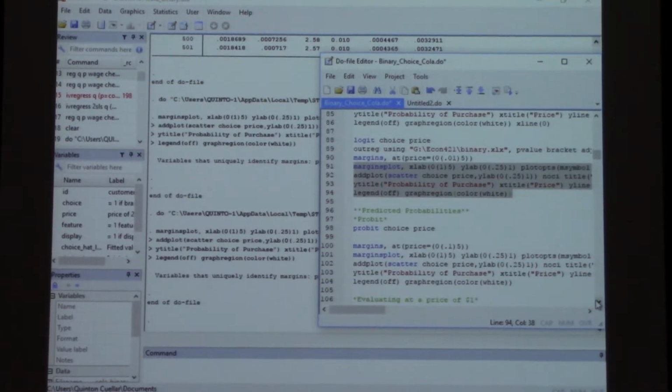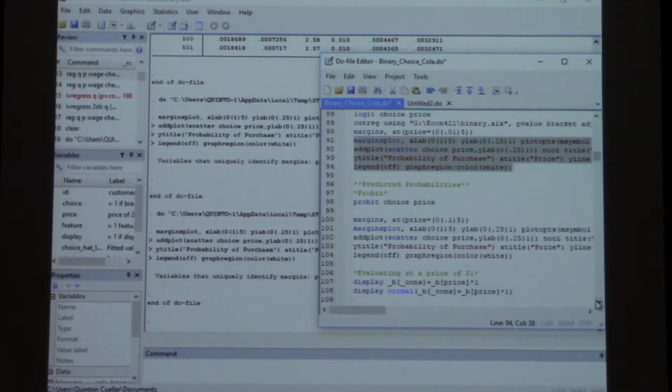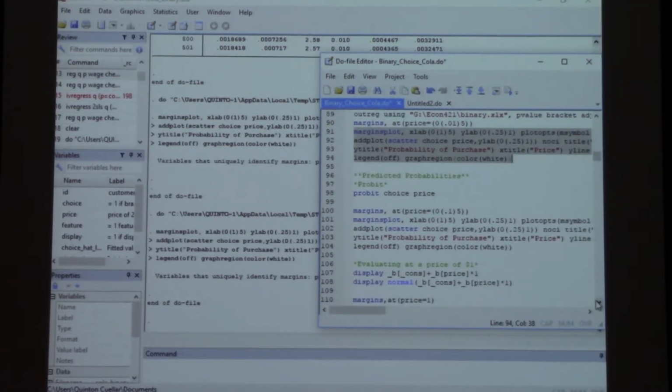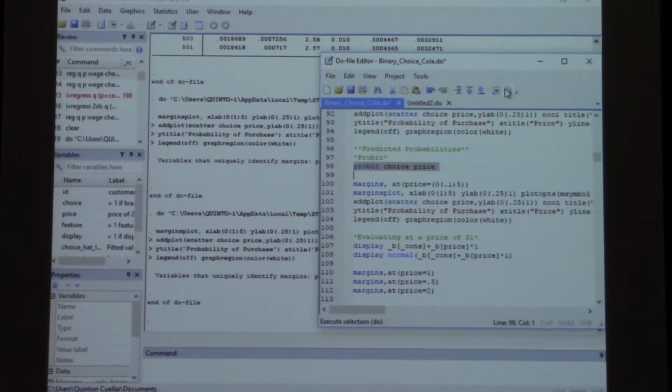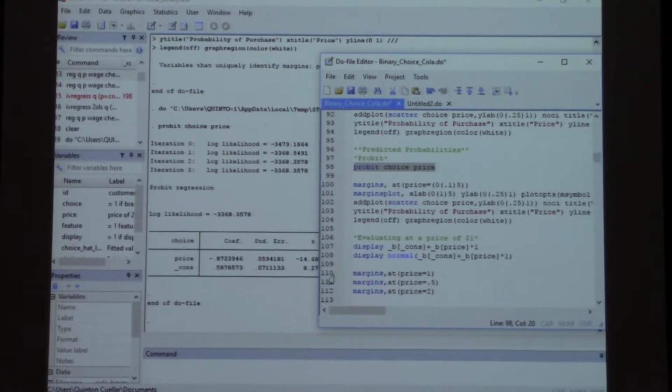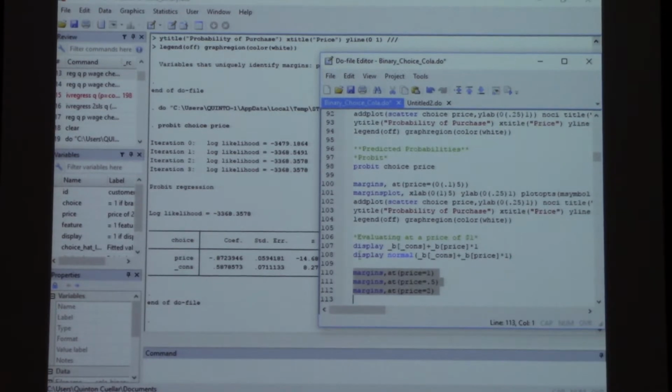Predicted probabilities, I thought we just did that. So we can do these at, okay, so these are predicted probabilities. Already got the graph. So here I'm predicting margins at different prices.